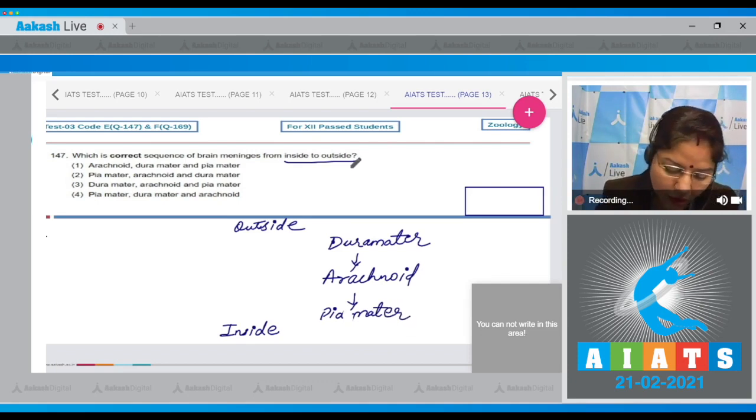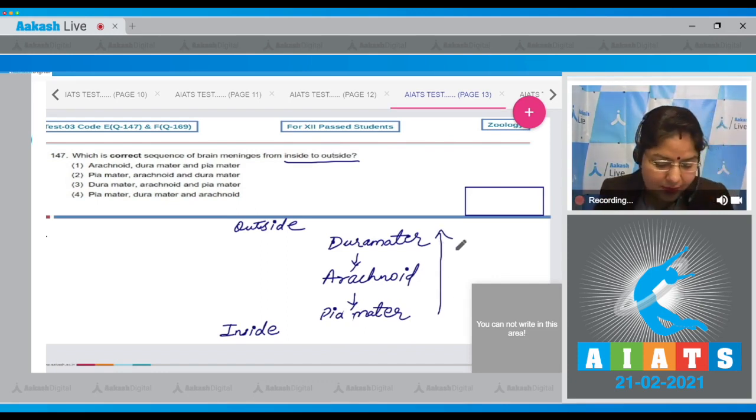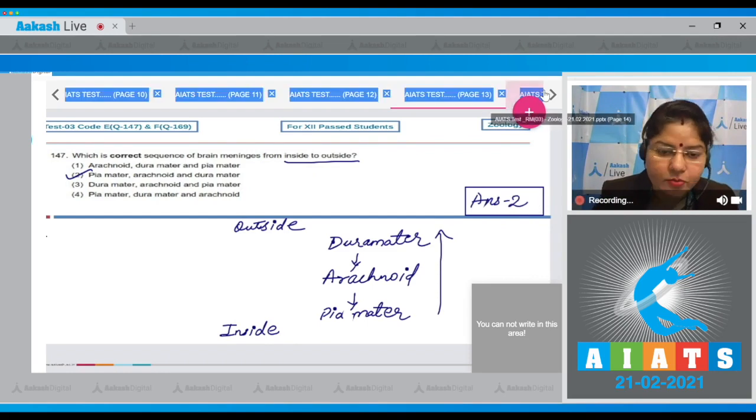As we have to select the option which shows arrangement from inside to outside, this is given in option number 2. So correct answer to this question is option number 2. Let's move on to the next question.